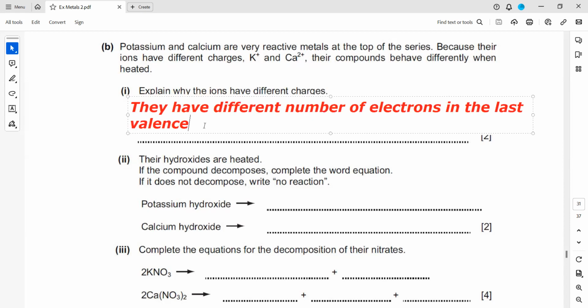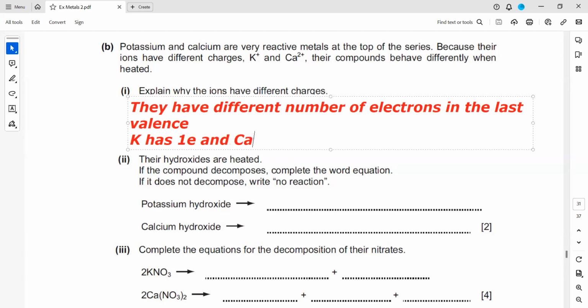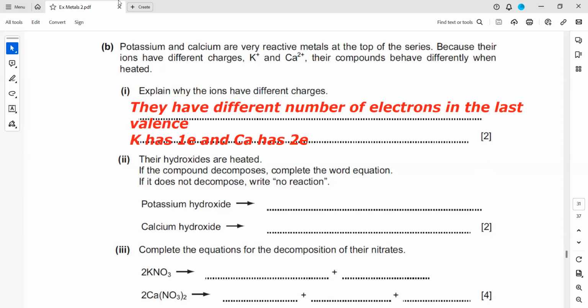In the case of potassium, it has 1, and calcium has 2 electrons. Metals have a tendency to lose the last shell electrons. That's how the metals react. Because they have different numbers of electrons in the outermost shell, they have different charges.